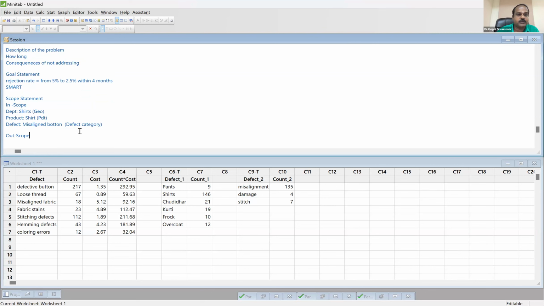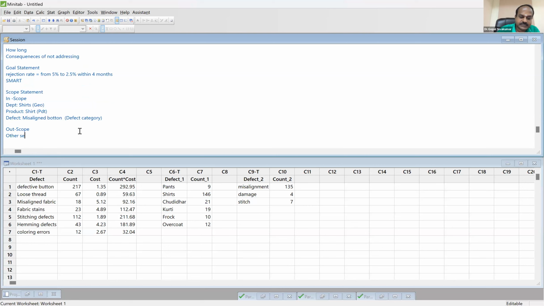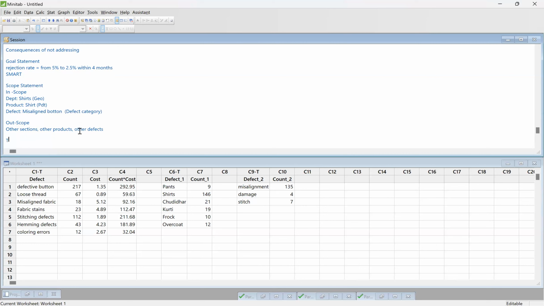In scope, similarly out of scope: other sections or other departments, other products and other defects. Do you understand what we are writing here? We are making the project boundary very, very clear. All of you are with me on this? Yes, sir.